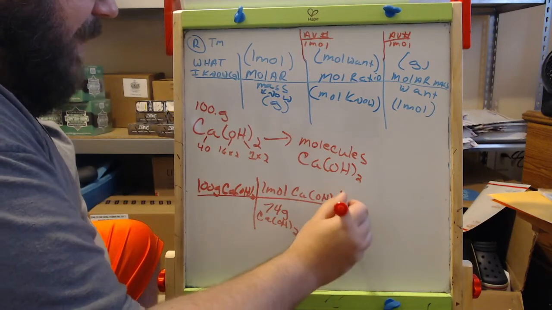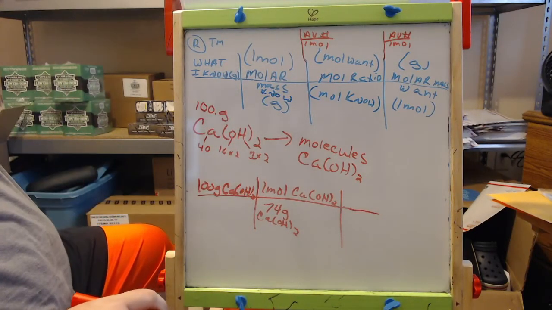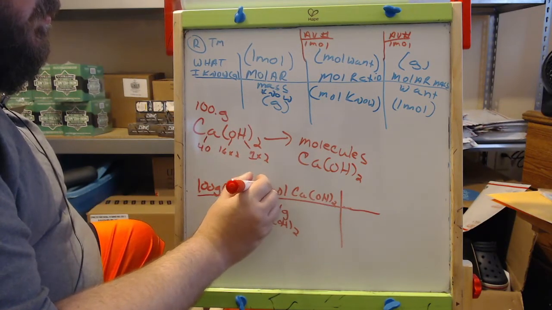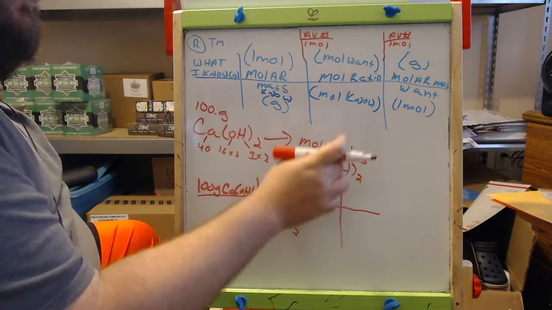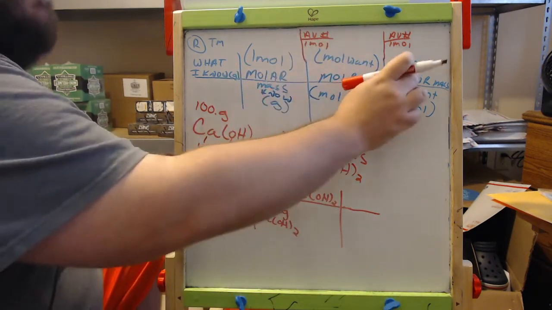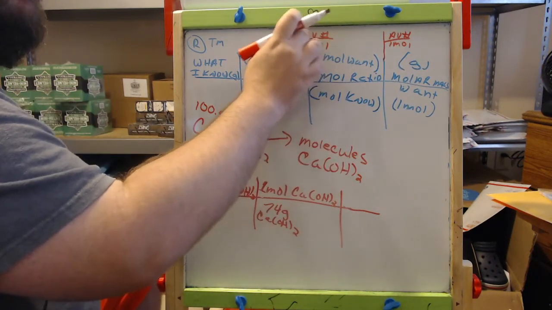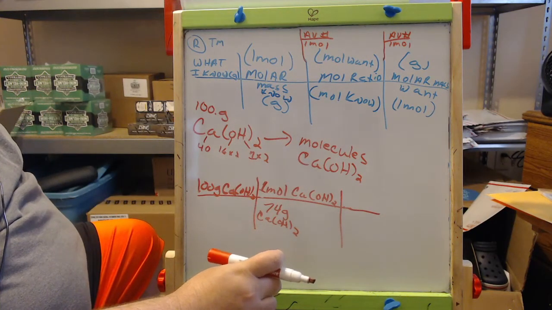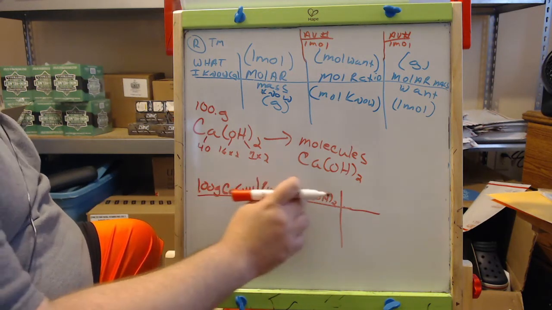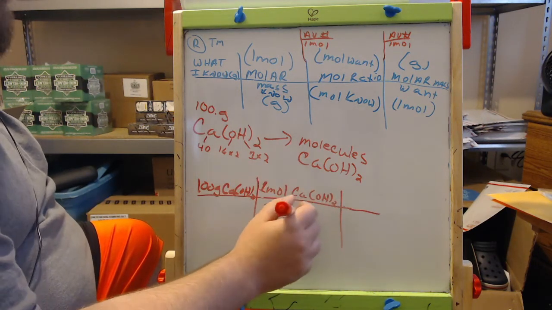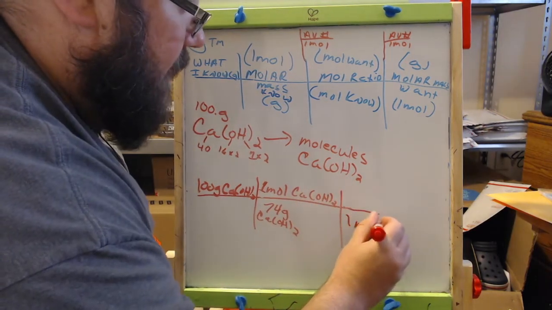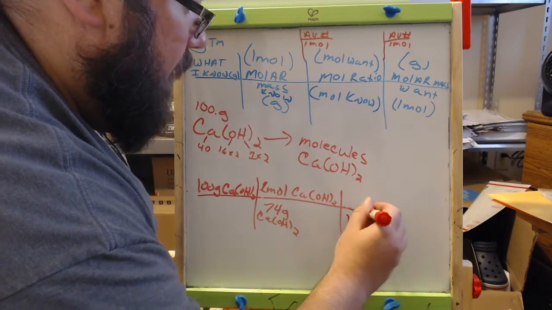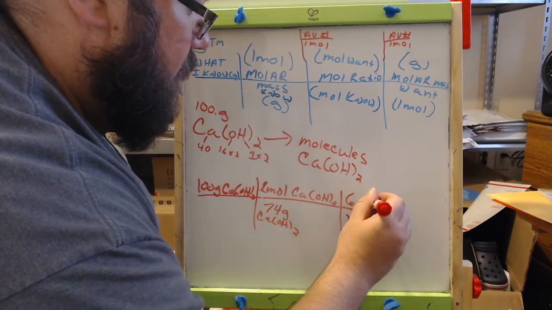Now, I want to know how many molecules. I don't want moles or something else, I want molecules, so I have to work my way up here. One mole of calcium hydroxide is 74 grams, and 1 mole of calcium hydroxide has Avogadro's number of molecules.